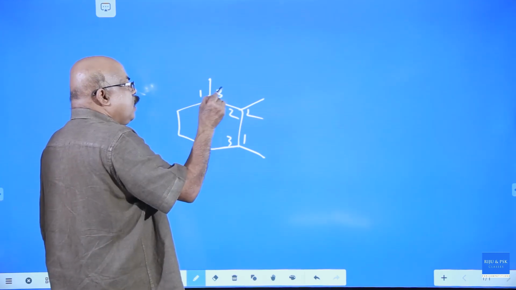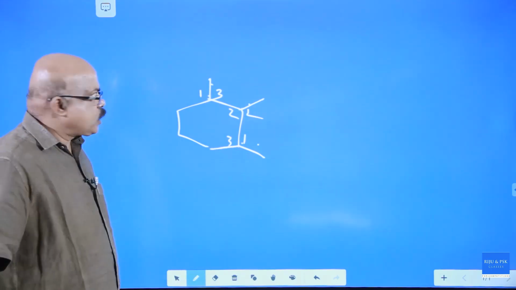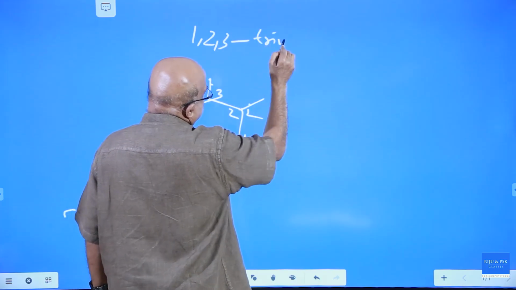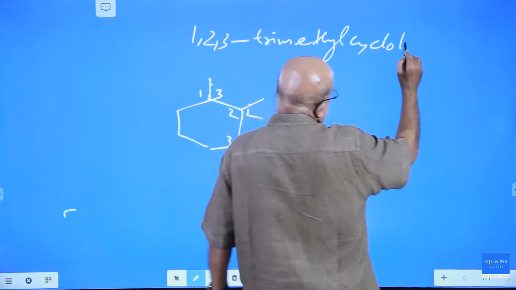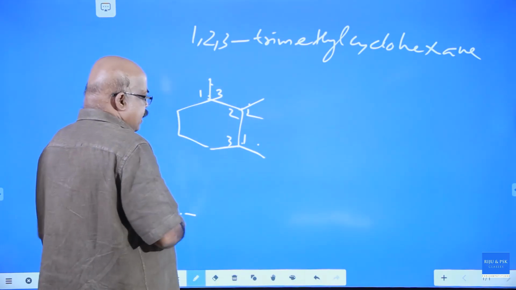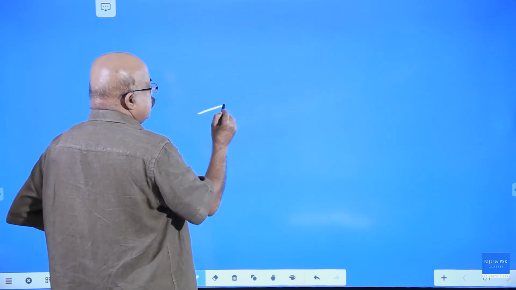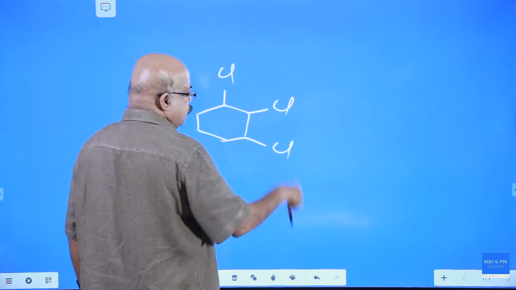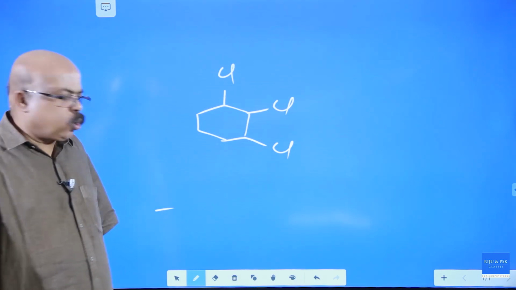It is 1, 2, 3 trimethyl cyclohexane. All right. Next is chlorine, chlorine, chlorine. Again substituents are identical, 1, 2, 3 trichlorocyclohexane.